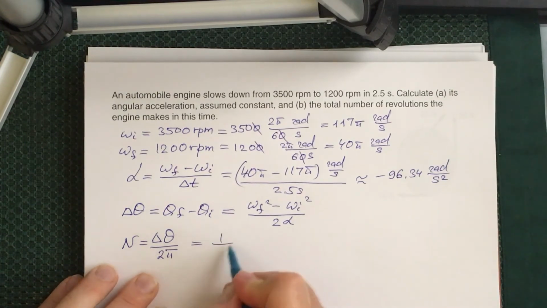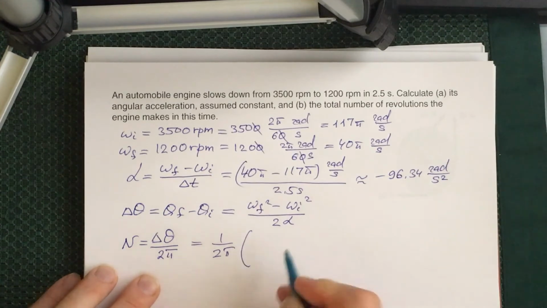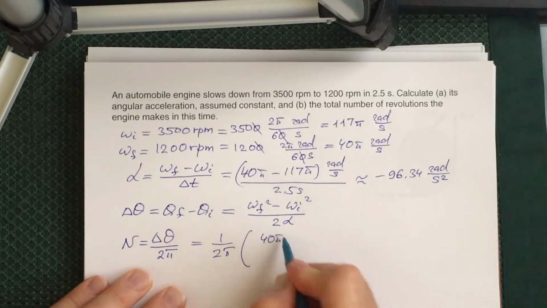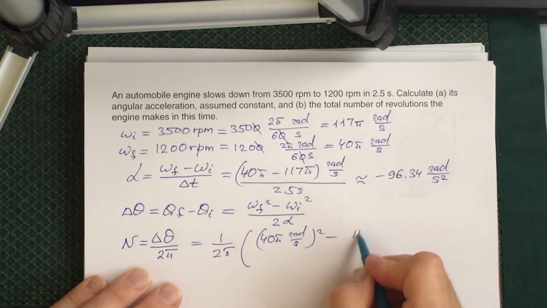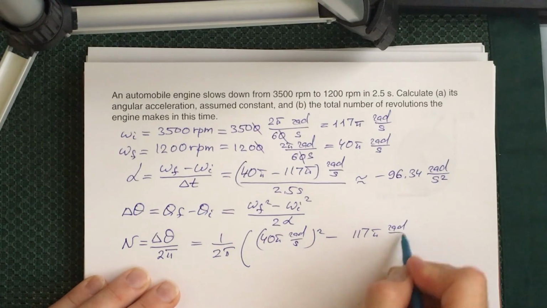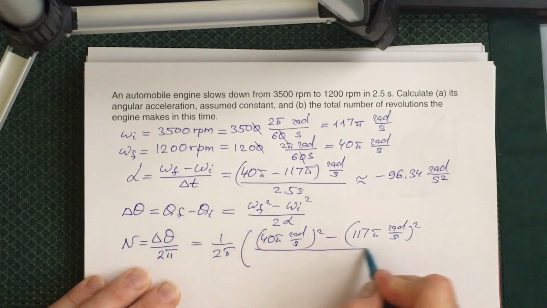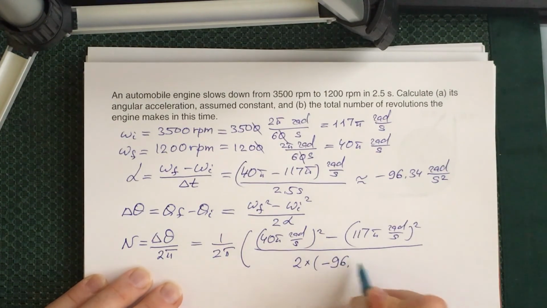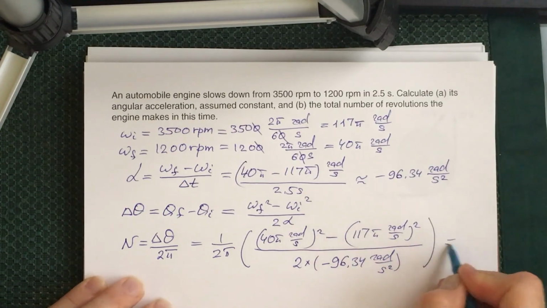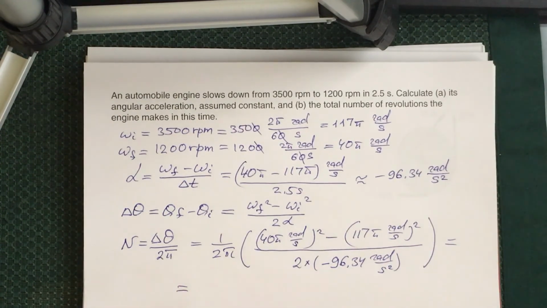So what we will have is 1 over 2 pi, then 40 pi radians per second squared minus 117 pi radians per second squared, divided by 2 times minus 96.34 radians per second squared. And the rest is just to do numerical calculations. If you finish the numerical calculations, you will have approximately 98 revolutions. We did solve this problem.